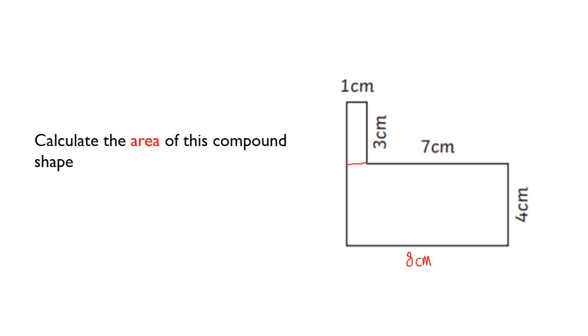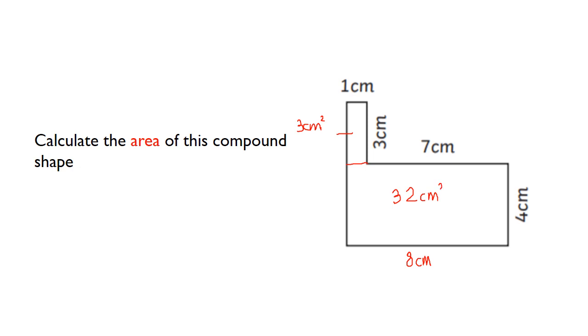So we know that this one is 3 centimetres squared. And now we just need to work out the area of the other rectangle. So what we'll do is length multiplied by width, so 8 centimetres multiplied by 4 centimetres. So we know that the area of this section is 32 centimetres squared.